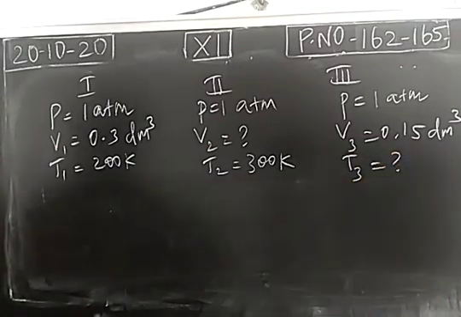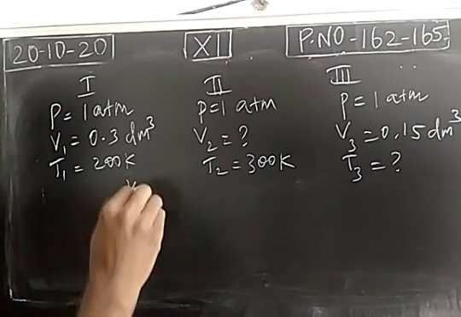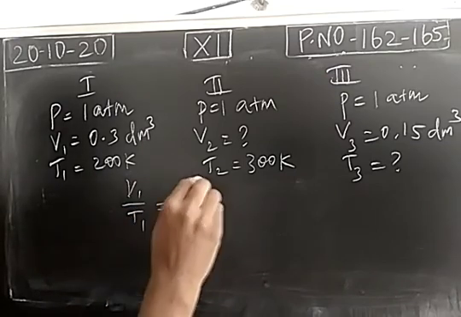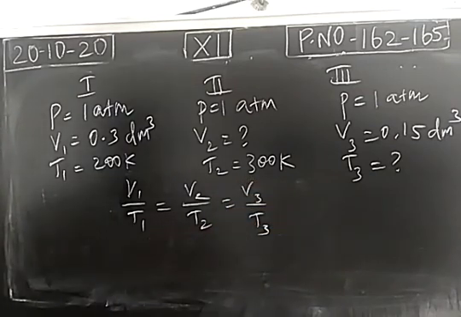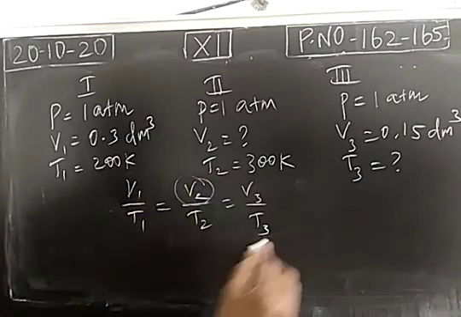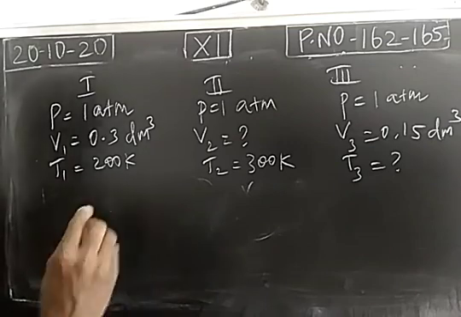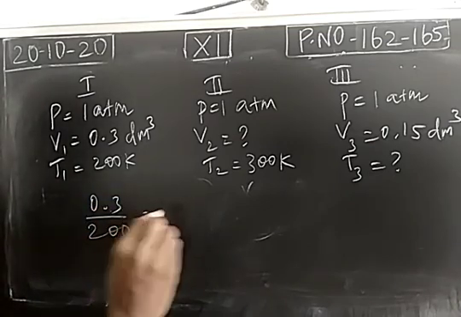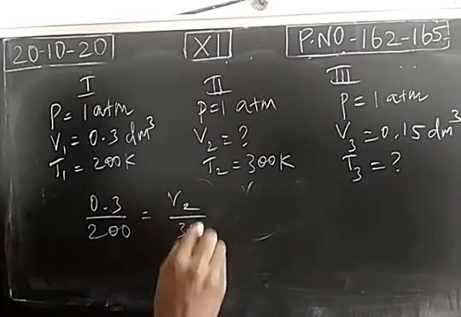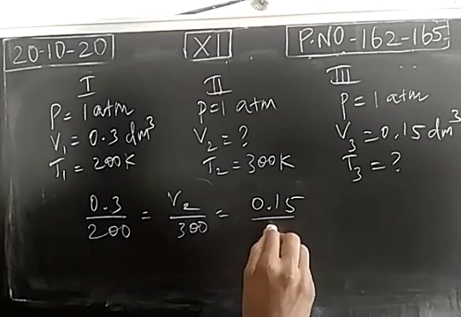So according to Charles law, at constant pressure, V1 divided by T1 is equal to V2 divided by T2, is equal to V3 divided by T3. Using this relationship, we are going to find the missing terms V2 as well as T3. So 0.3 divided by 200 is equal to V2 divided by 300, is equal to 0.15 divided by T3.